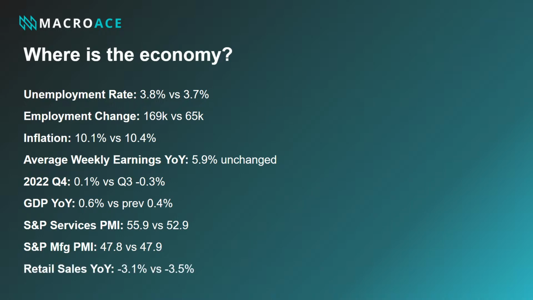And retail sales, again, a key backbone of what consumers are doing. What is consumer spending like? Is it getting stronger or weaker? Retail sales year on year minus 3.1% compared to minus 3.5%.